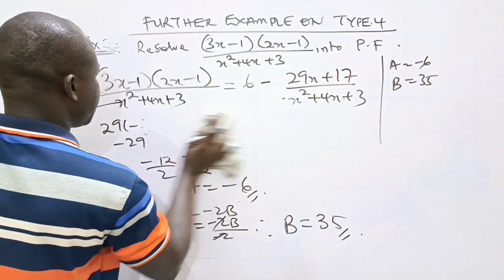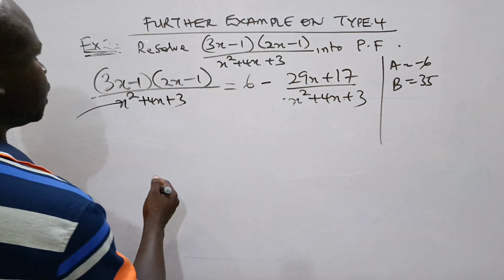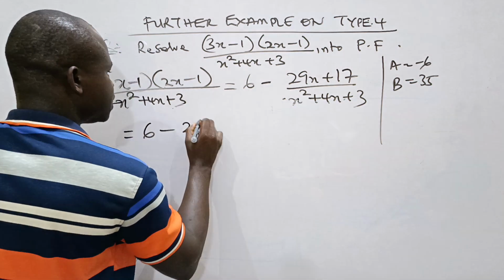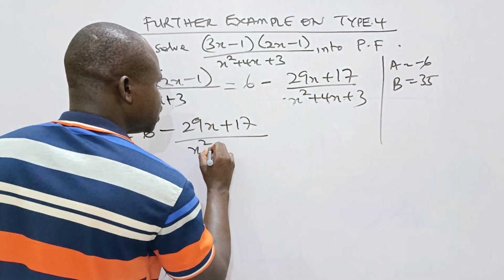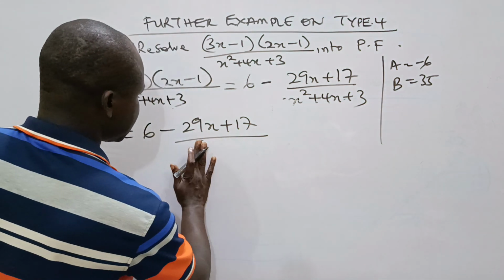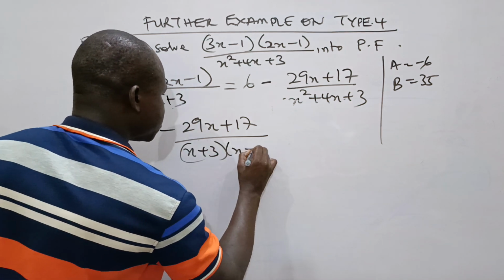So let's now go back to the drawing board. Here we are going to have the expression equal to 29x plus 17 all over x squared plus 4x plus 3. And of course, we have gotten the denominator to be equal to x plus 3 and x plus 1.